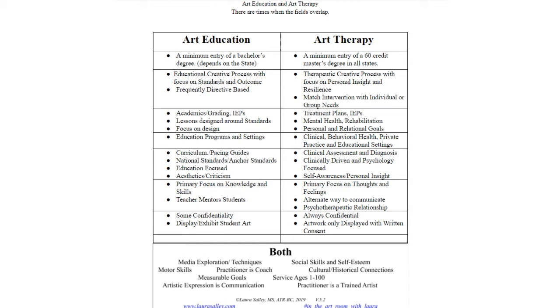I'm not going to go through each bullet point, but as you can see, the art educator is very focused on academics, grading, working in educational settings, focusing on knowledge and skill acquisition, and getting artwork up on display, entered into contests, and the like, whereas the art therapist may also have some academic purposes.